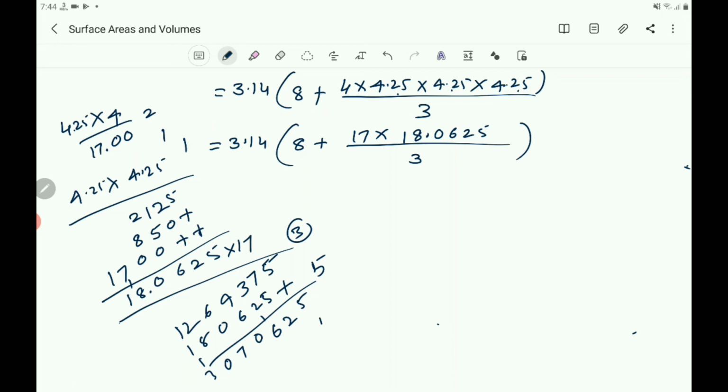You can write that equals 3.14 into 8 plus 307.0625 divided by 3. Here the decimal has 4 digits.